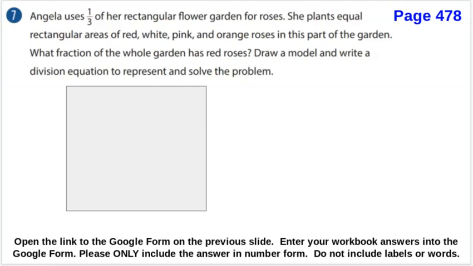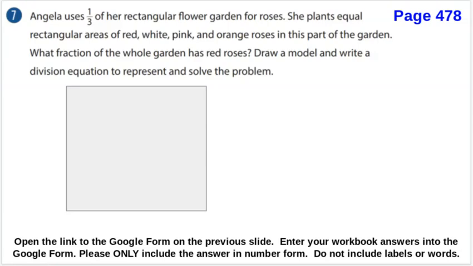So again, let's talk about who and what this problem is about. We have Angela, and she has a flower garden. In this flower garden, she wants to plant some roses. We know that she's going to be planting red, white, pink, and orange roses. We know that the entire garden is only going to have 1/3 of it used for the roses.